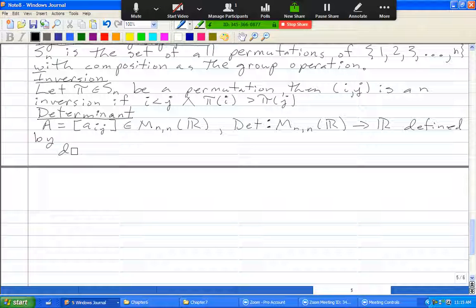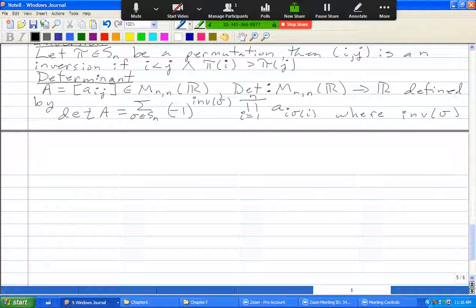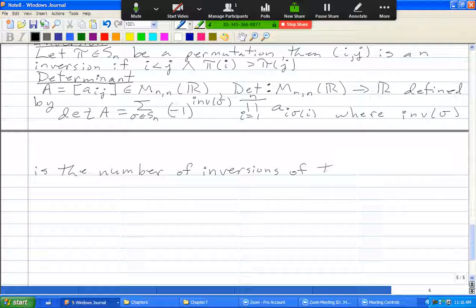The determinant of A is just the sum of -1 to the number of inversions of the permutation sigma, times the product of A sub i, sigma i.